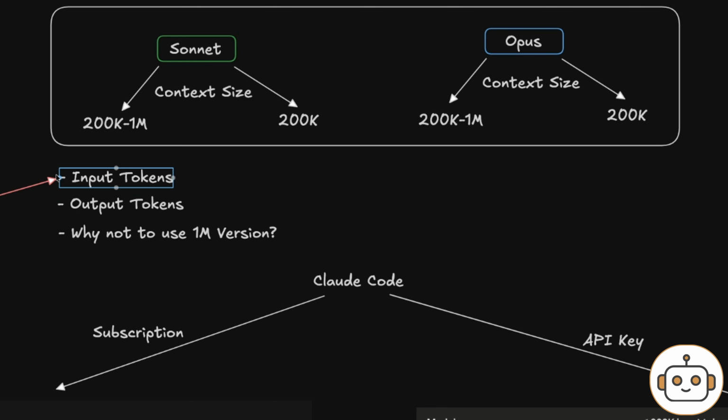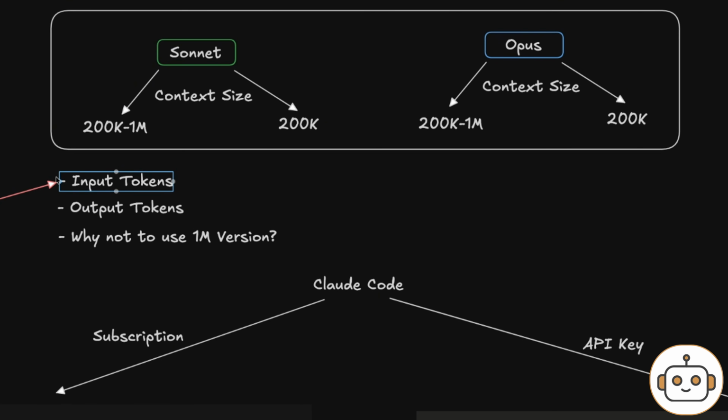Input tokens are everything that we add to the Claude Code, to the LLM, in order to generate the response for us. It can be the prompt we write, the files we attach to the prompt, images, and so on. The output tokens is the response we get from the LLM. It means that we're talking about text, the response itself, and the code the LLM generated.